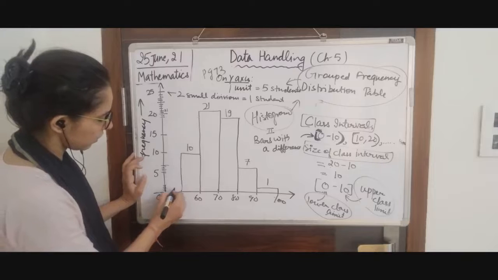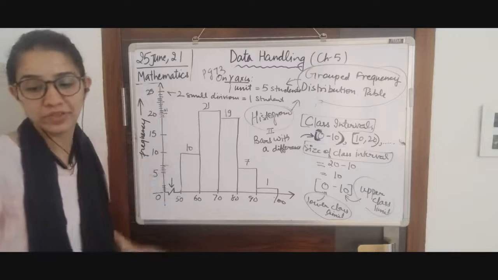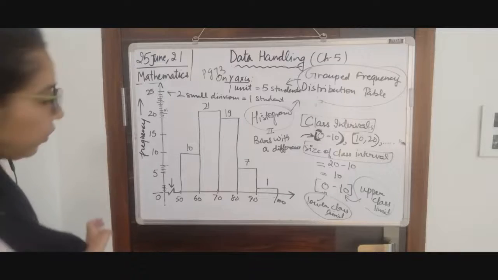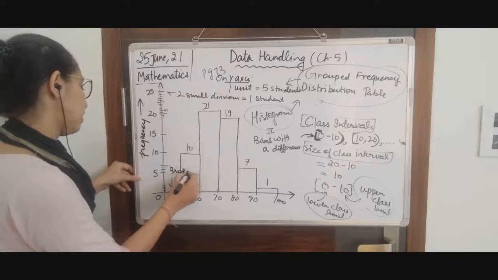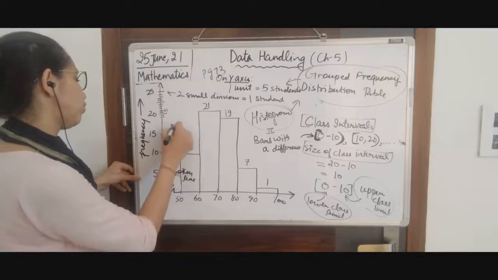We break it like this. This broken line means here the scale is not used. This is your broken line, or sometimes it is also known as a jagged line.